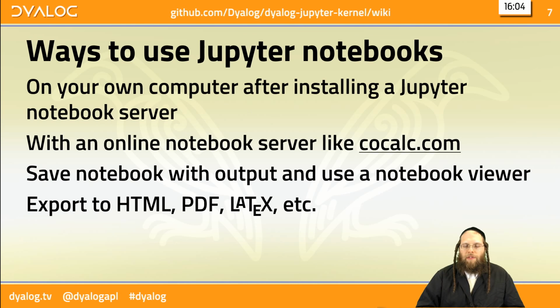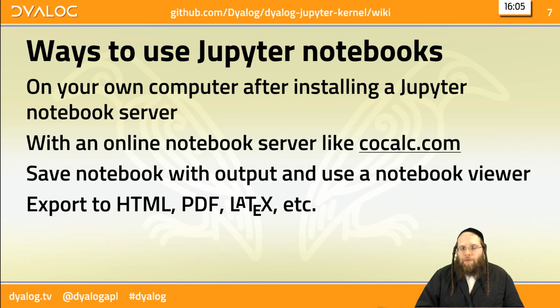There are several different ways to use Jupyter Notebooks. The traditional way is to install the entire Jupyter system that runs a server that you're just using locally from your local browser, and the server then serves up the notebook. But you could also use an online system, and then you don't have to have anything special on your computer. Then you can save the notebook, including results from the execution of the code.